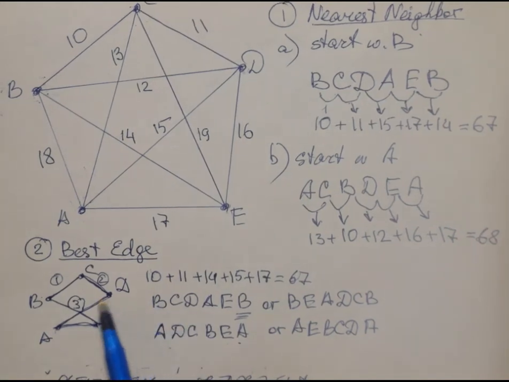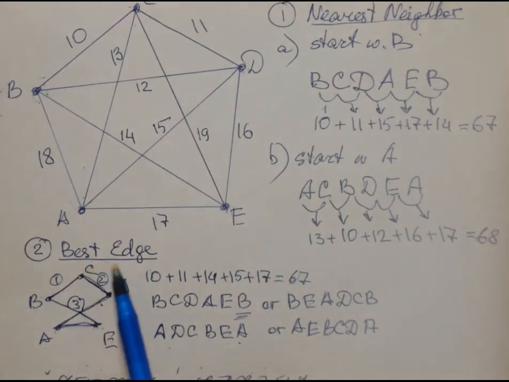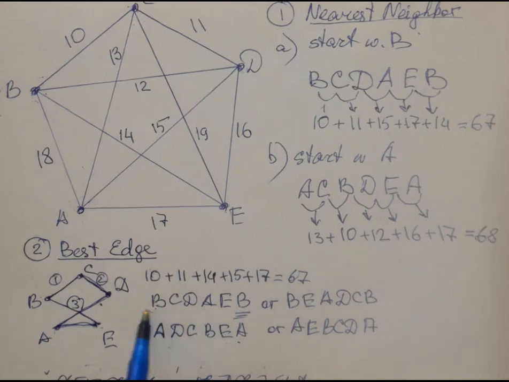So when you use the best edge algorithm, you will get only one circuit, and the answer depends only on which vertex you should start from to list this circuit, to list the vertices in the circuit.